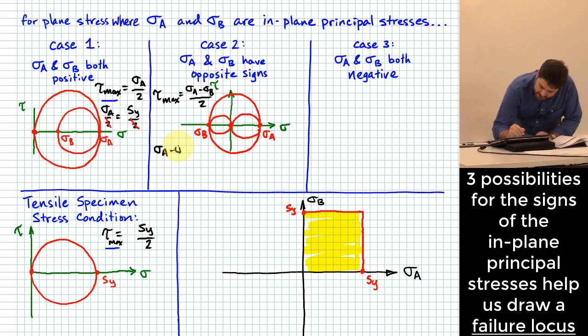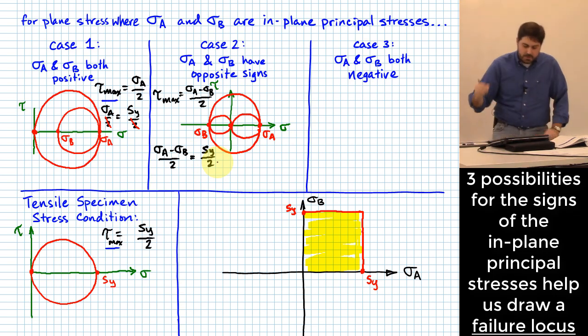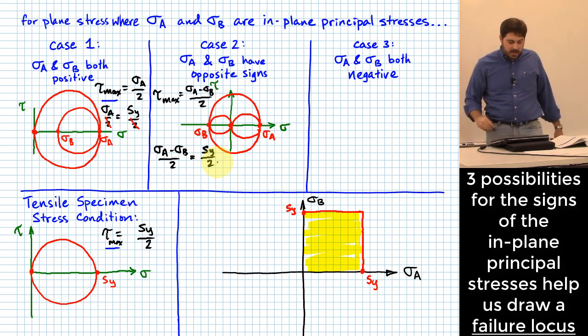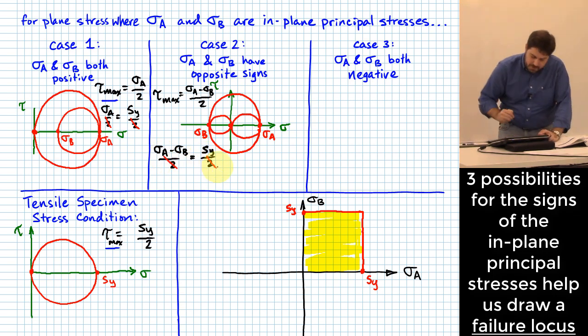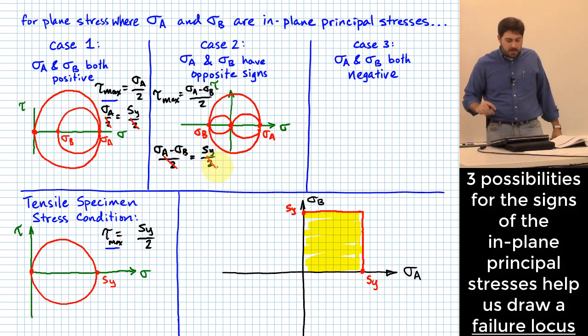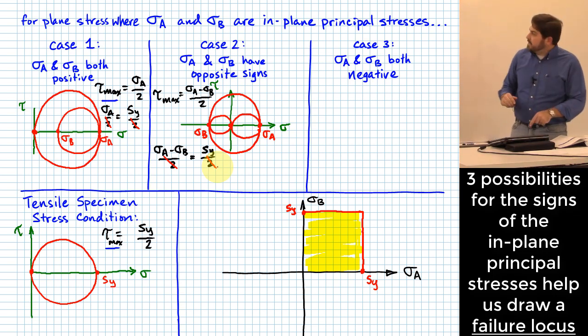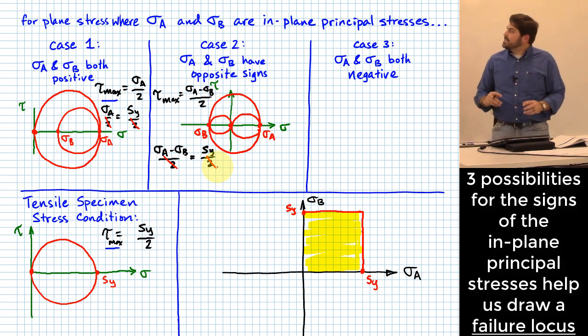Sigma A minus sigma B over 2 would be equal to Sy over 2. Or again, we could just cancel out those over 2's, and say sigma A minus sigma B would be equal to Sy. Okay? Now, let's think about that as an equation.